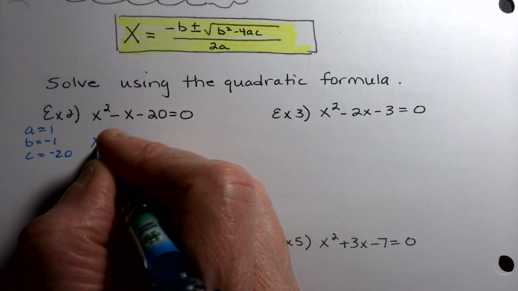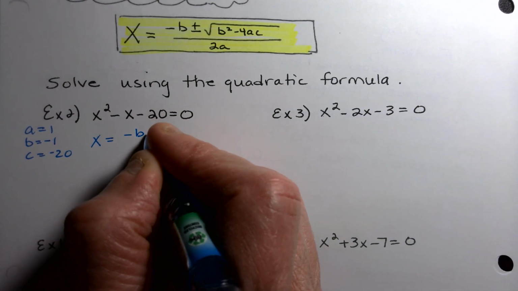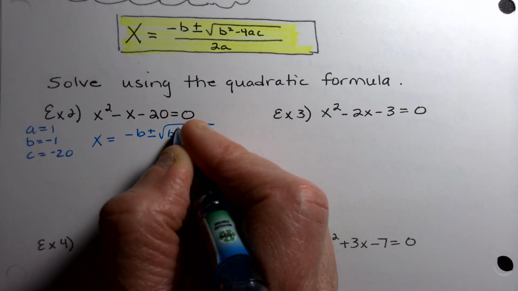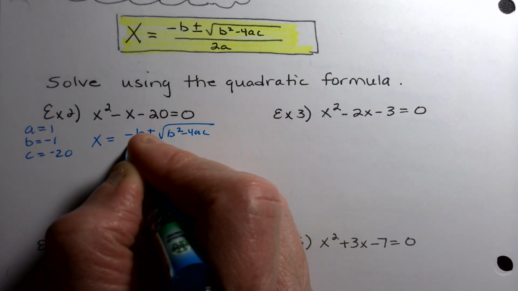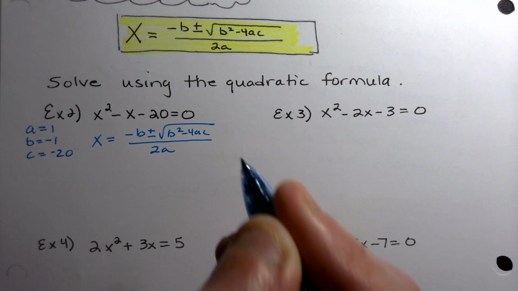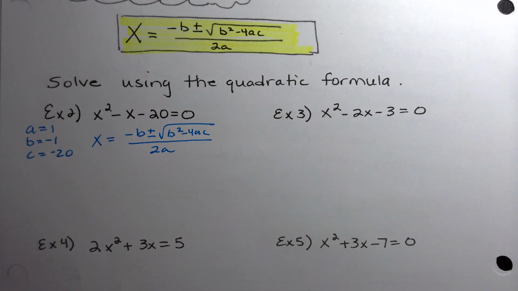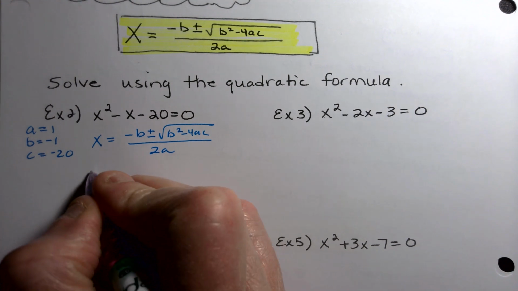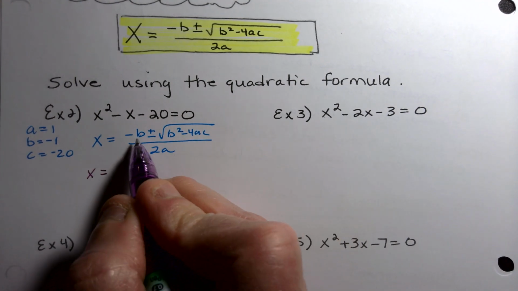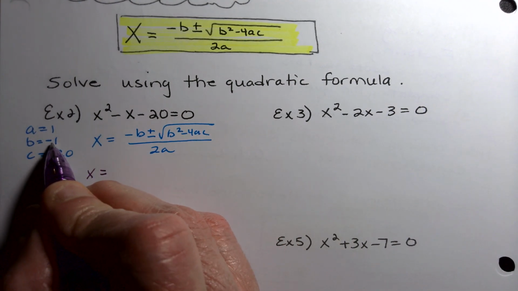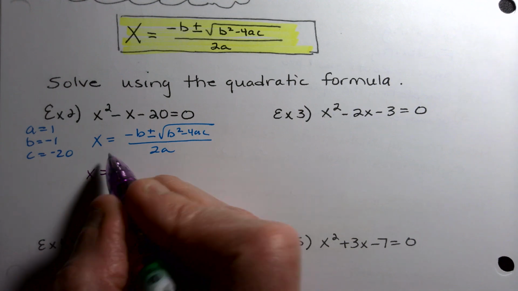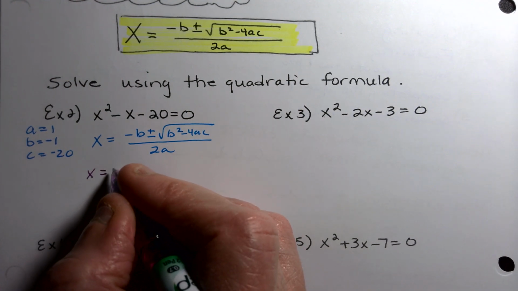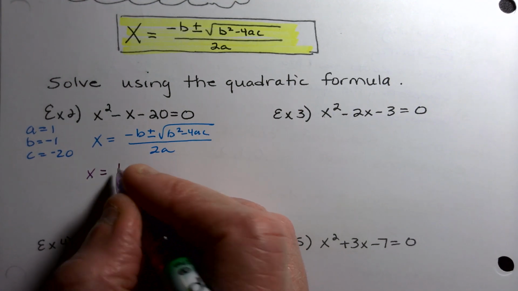So I'm going to start with my formula. Opposite of B, plus or minus square root of B squared minus 4AC all over 2A. Do copy it. Why? So that you memorize it. X equals opposite of B. So B is a -1. So -1 is a 1.